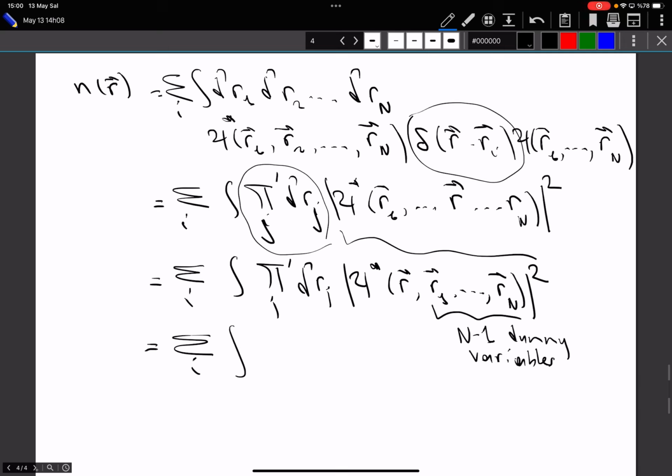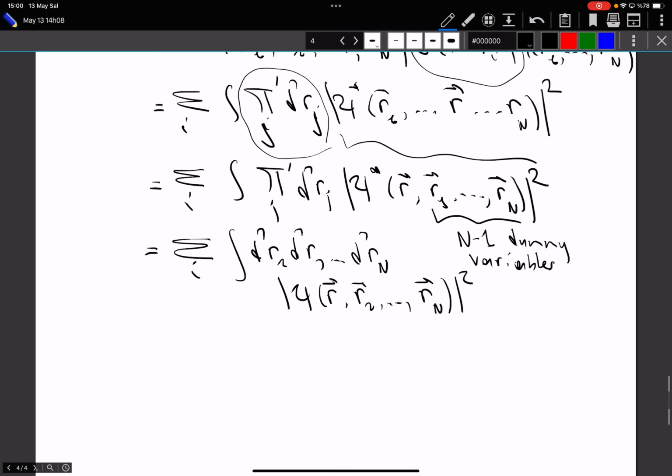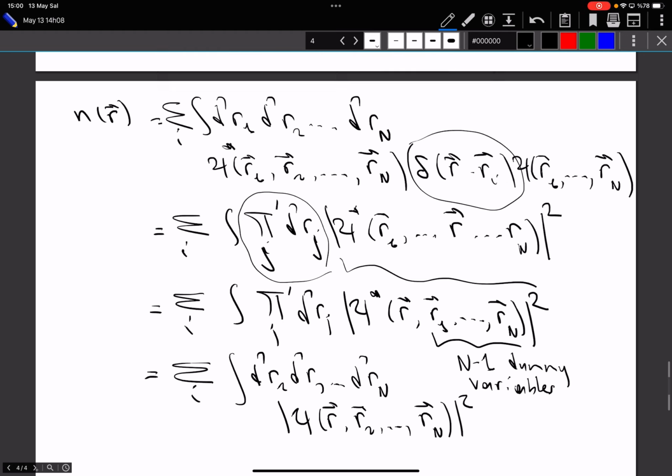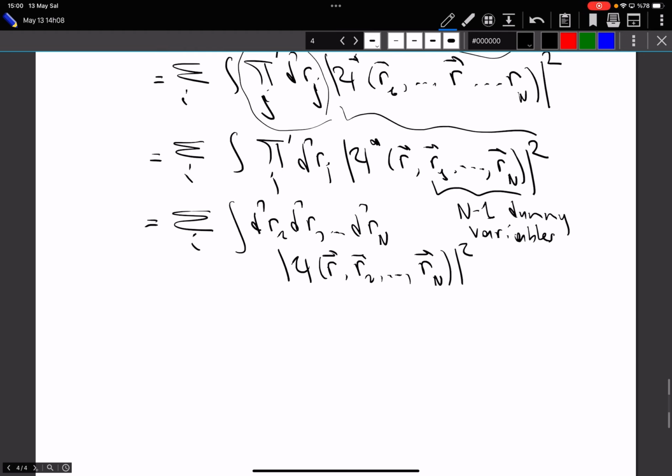Then this is R2, R3, ... Rn, psi. I'm already taking the absolute value. This is what I call n of R.